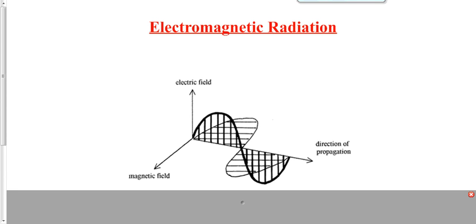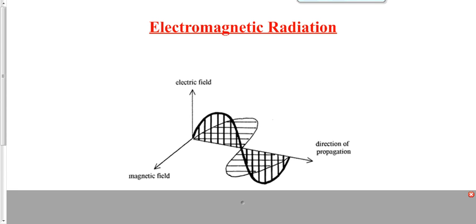There's an electric field wave on one axis, and then perpendicular to that, but in phase with that, and when I say in phase, I mean when there's a crest of one wave, there's a crest of the other wave. Perpendicular to that and in phase with that is a magnetic field wave.